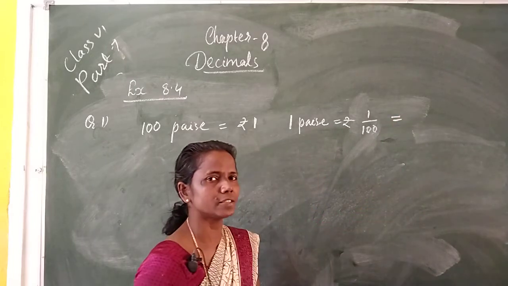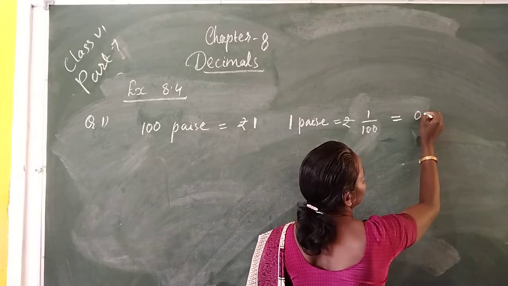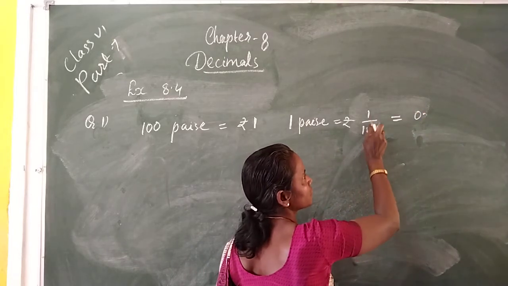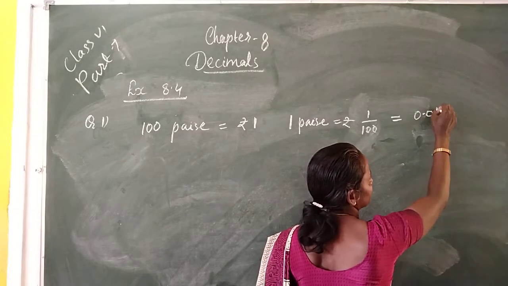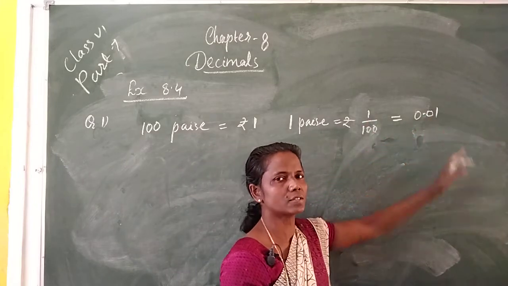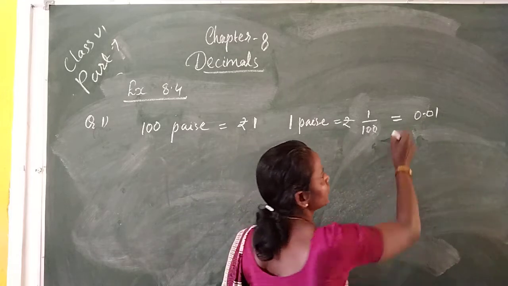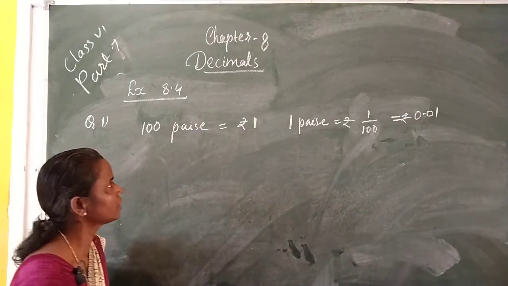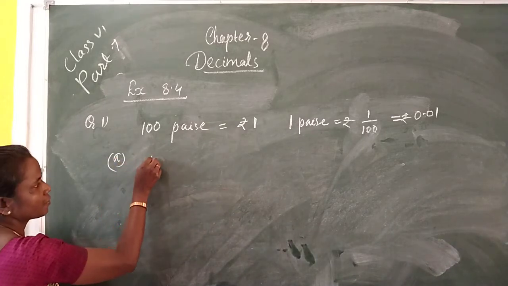We can write in decimal form. What is its decimal form? 0 decimal. How many 0? There should be 2 digits after the decimal. Here only 1 digit, so we put a 0 also. Then 0 decimal 0 1 rupees. Is it clear?